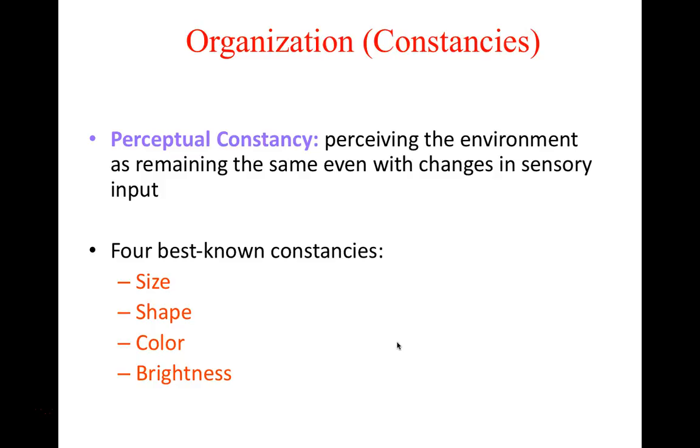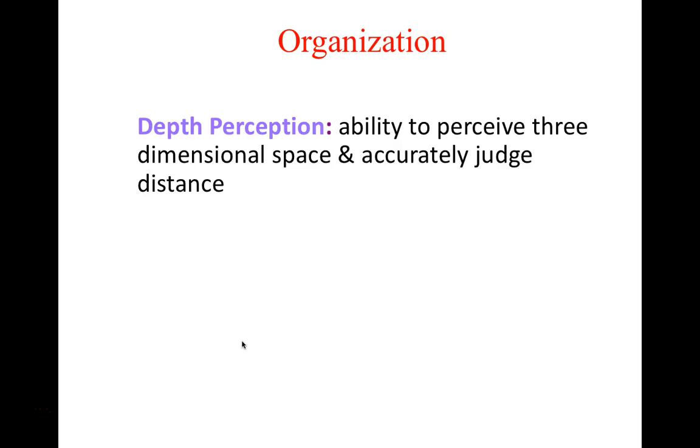We also impose a form of organization called constancy: perceiving the environment as remaining the same, even though there are constant changes in sensory input. The best known constancies in the study of perception are size, shape, color, and brightness. We may have a chance a little later to go over those four kinds of constancies in more detail. But right now, let's talk about depth perception, another aspect of organization.